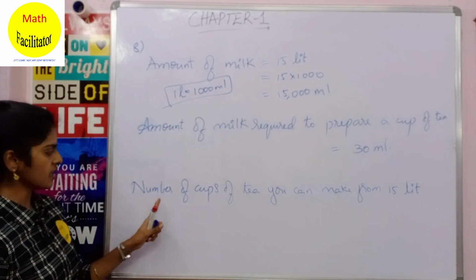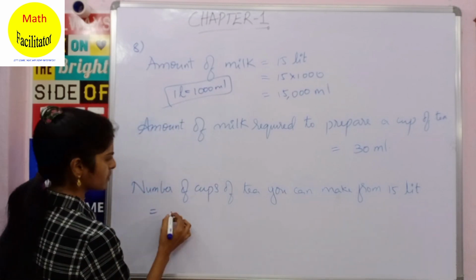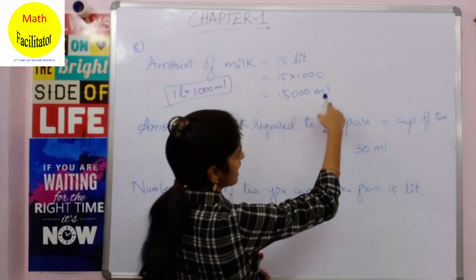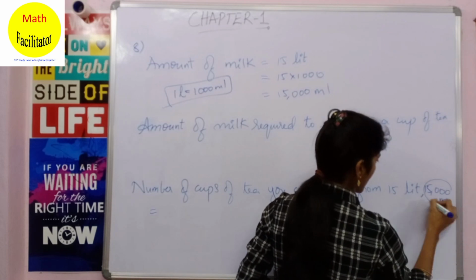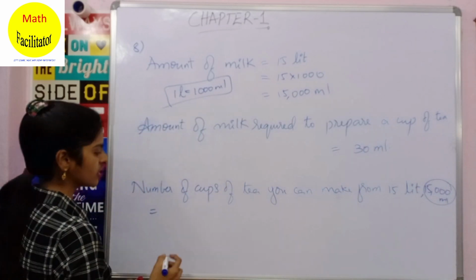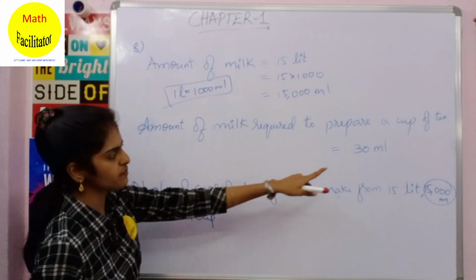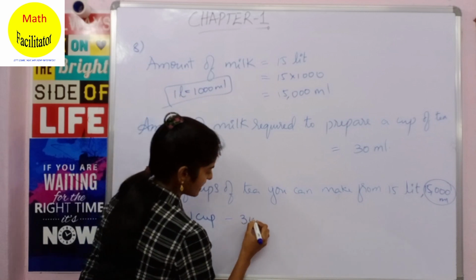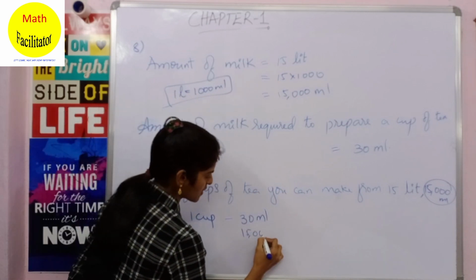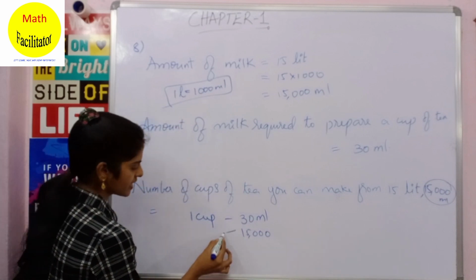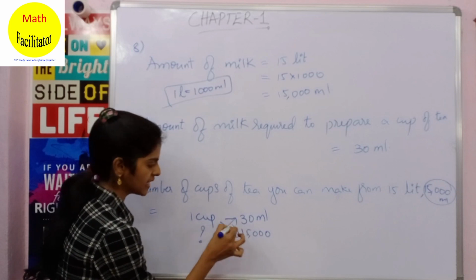Now the number of cups of tea you can make from 15 liters. 15 liters is nothing but how much? 15,000 ml. So how will you get the number of cups? For 1 cup, how much milk do you need? You need 30 ml. Now you are having 15,000 ml. But how many cups can you make? So how will you get it? Simple cross multiplication.